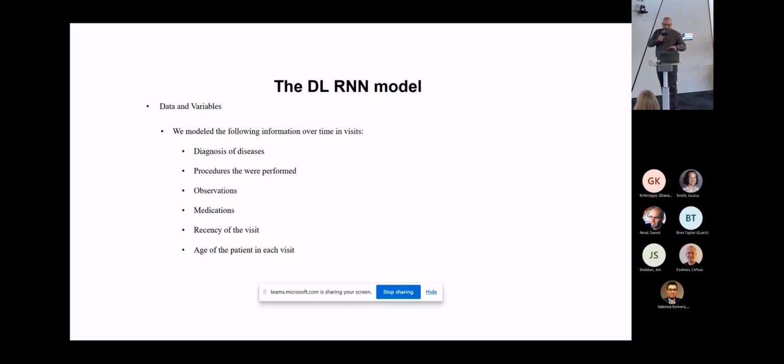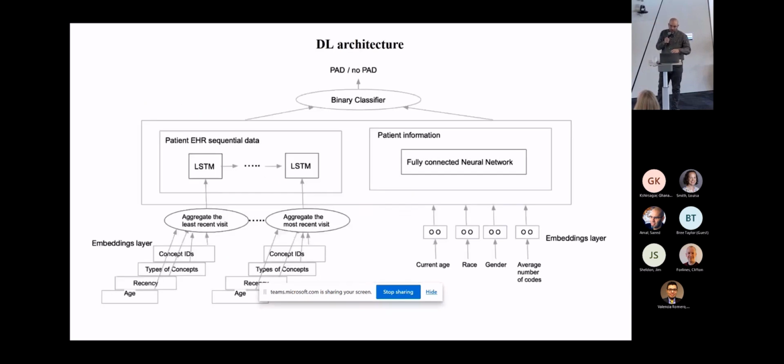This is the architecture at a high level, one of the deep learning architectures, where, as we can see, we used LSTMs that modeled the visits, the sequential data. In each time step, we use the concept IDs.